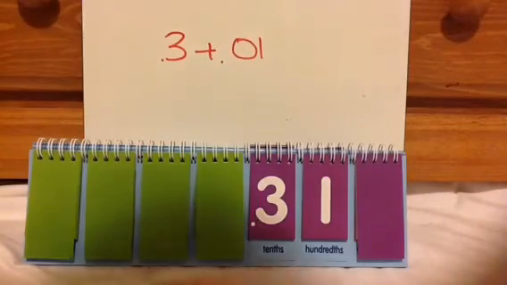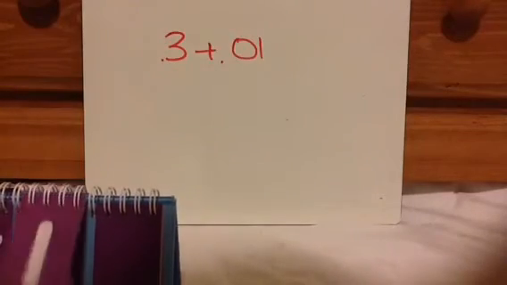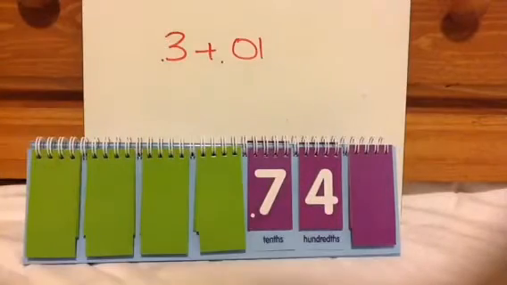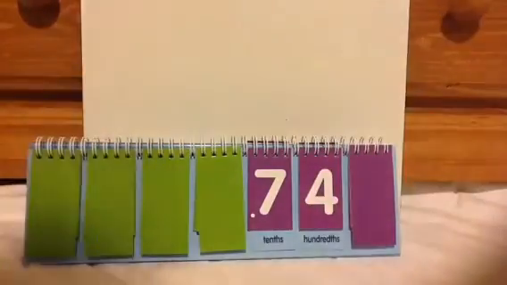So let's look at another example. Suppose there was 74 hundredths. Then the picture would look like this. Let me erase this.